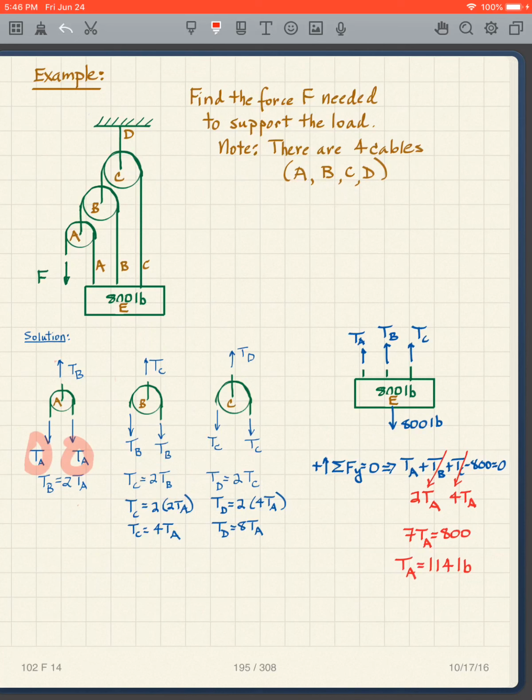Well, what can I do with that? I can take 2TA, put it into my TB, and when I do that, I'm going to find that TC then is equal to 4 times TA. Now I look at this one, and again, what do I get? I get 2TC is equal to TD.